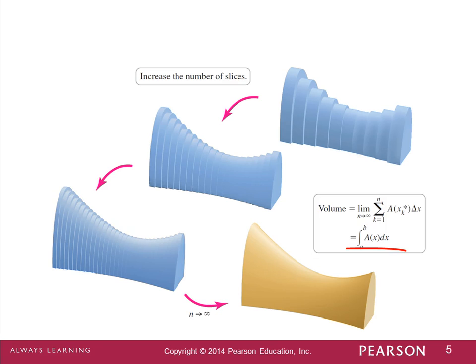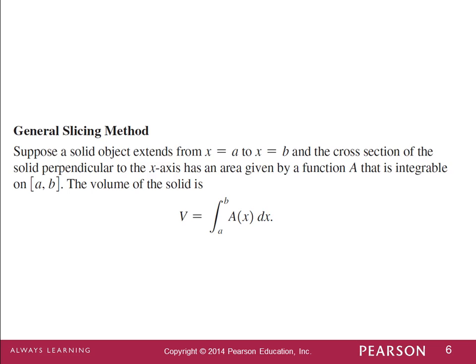This diagram shows a delta x distance here; make delta x smaller and we have more of those cut-up shapes, and even smaller and we have even more, approaching where n is infinity, and we're left with the full volume, which we get through integration.